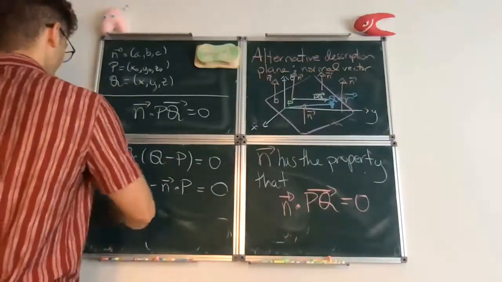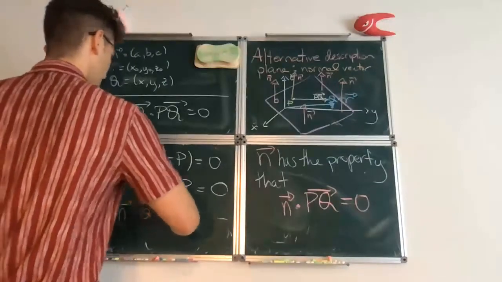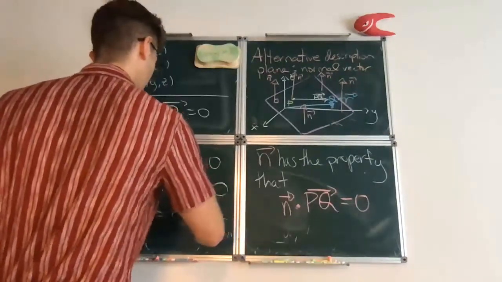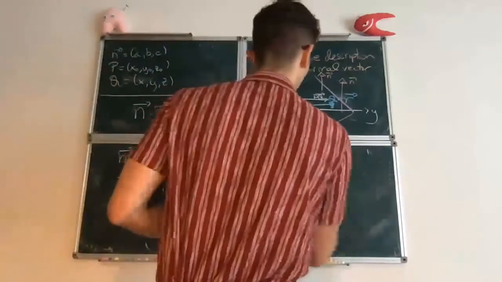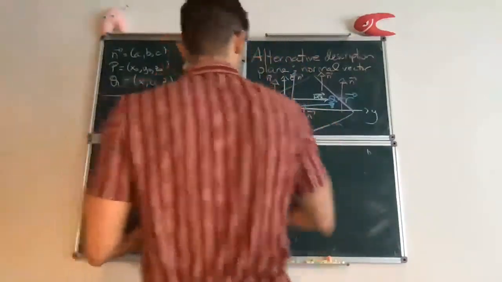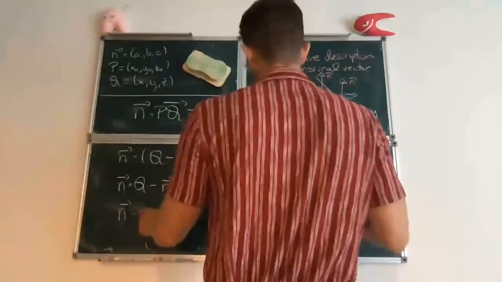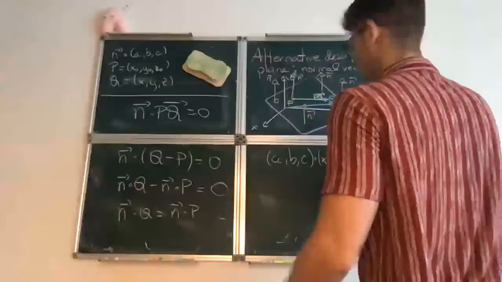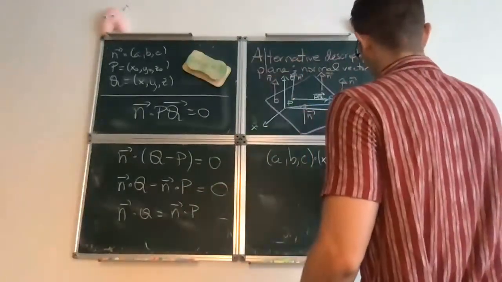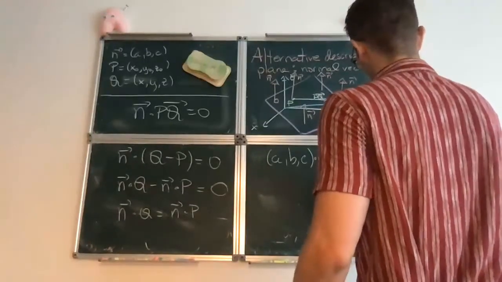And that's the same as saying that n dot Q equals n dot P. And what is n? n is a, b, c. What is Q? That's x, y, z. And what is P? It's x naught, y naught, z naught.